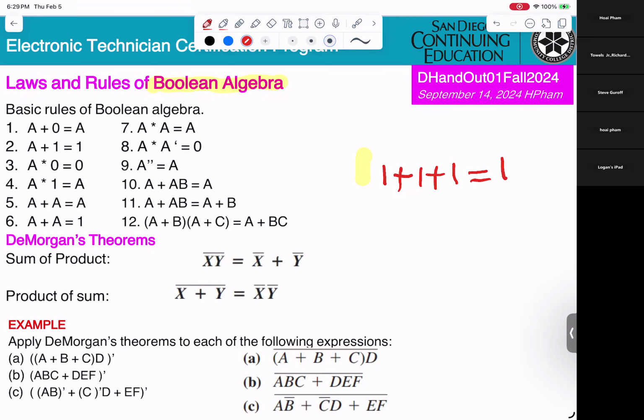Inside the computer system, you get only two things, 1 and 0. 1 is what the computer makes logic 1, plus 5 volts.